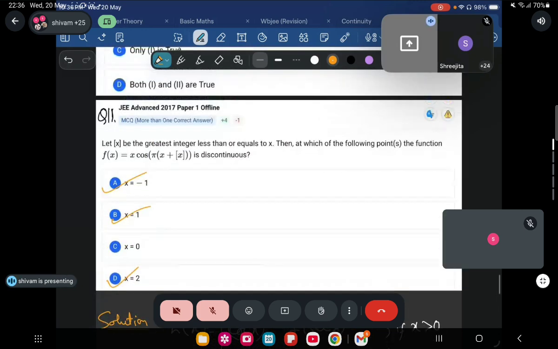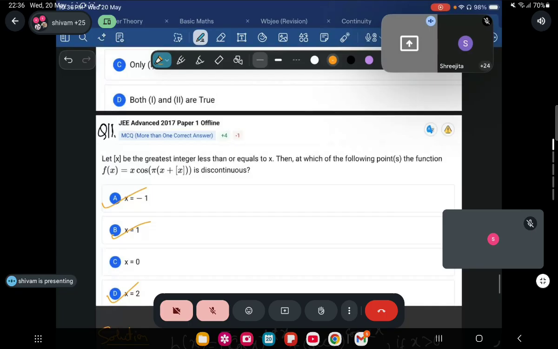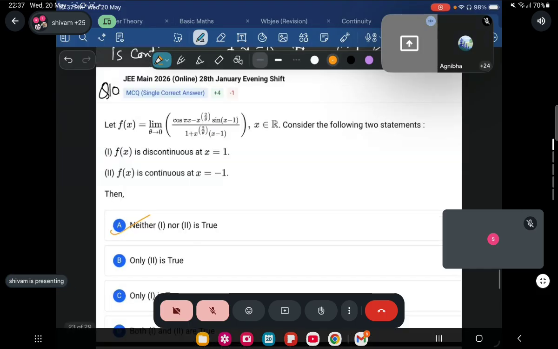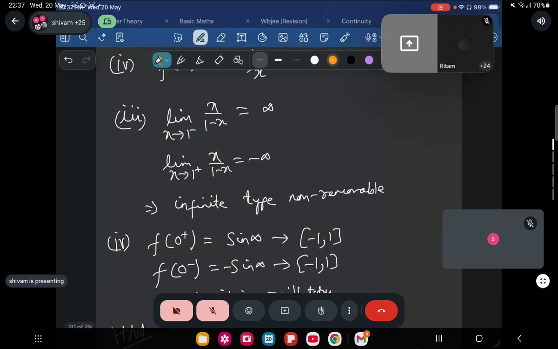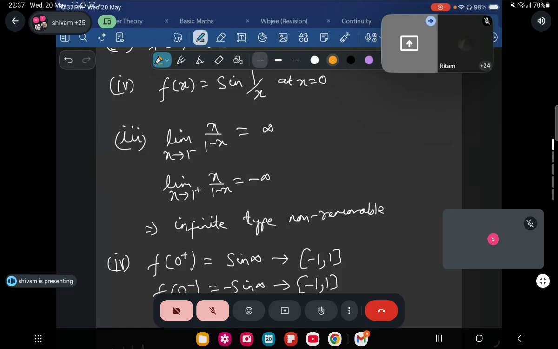Anyone else having any doubt in the homework questions? Do you have any doubt? No, sir. Okay, so we can continue. What have we done last? Okay, oscillatory, all these things we were doing.